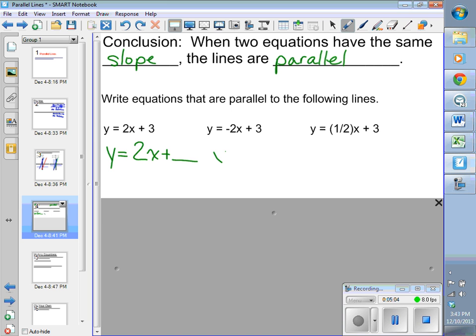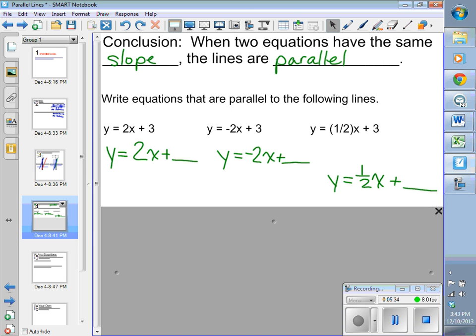So I would like you all to write your equations, and we can share at a later time. Notice any of these could be plus or minus. A minus would give you, I hope you realize, a y-intercept that is negative.